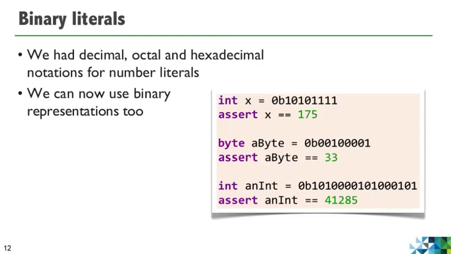So it works for int, bytes, etc. Of the primitive numbers. So that's a new variant in addition to decimal literals, octal literals, hexadecimal literals. We now also have binary literals.